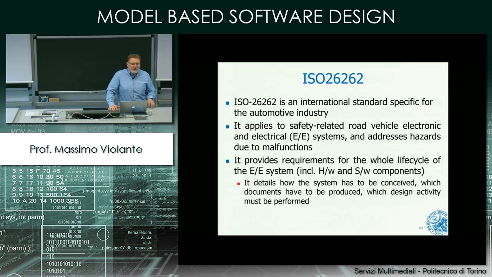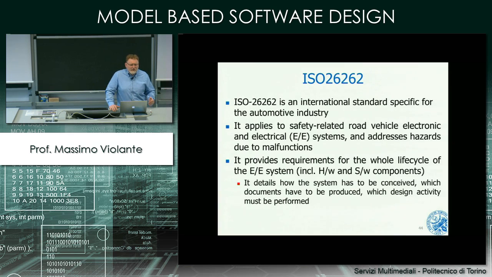Okay? What's the purpose of this? Remember what we have seen concerning the Toyota unintended acceleration case. Toyota was found guilty because Toyota did not adopt the best practice that the automotive industry recognizes as the best way of designing, validating and deploying electronic systems. They used internal rules that are not in line with what is generally recognized as the best way of doing things.